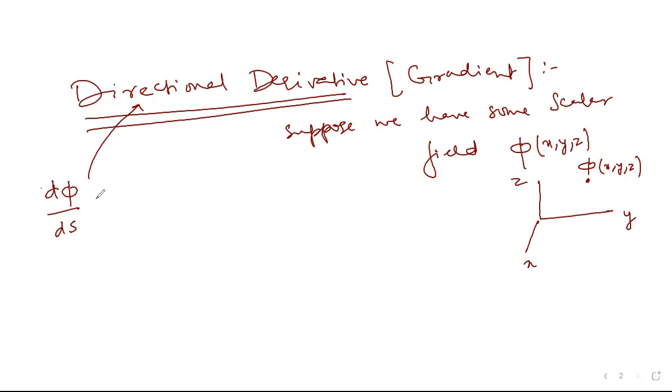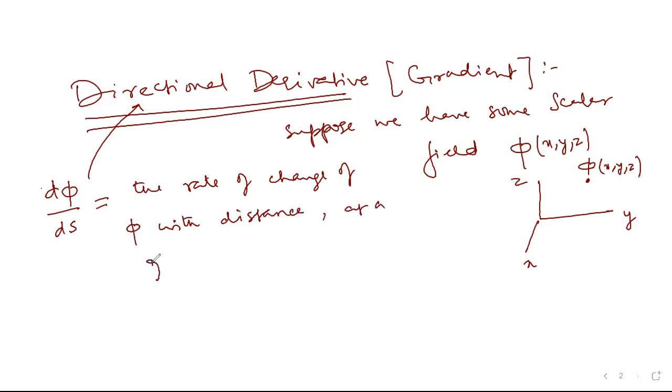What is the meaning of d phi by ds? It is actually the rate of change of phi with distance at a given point.